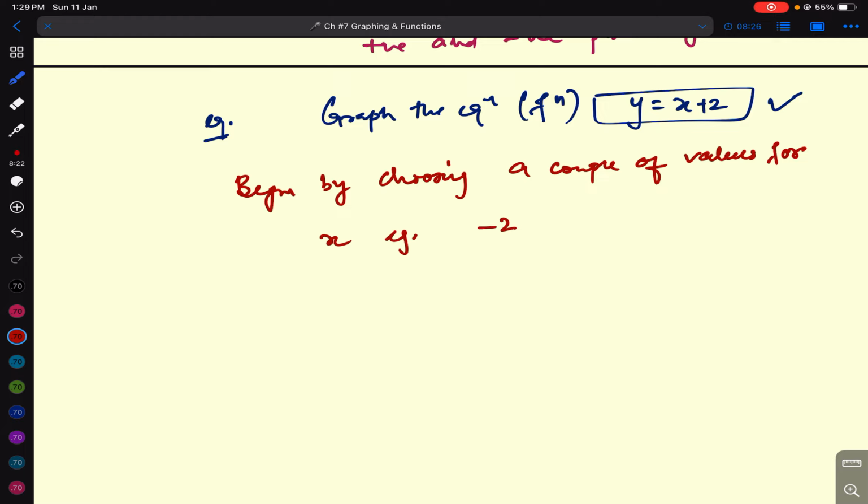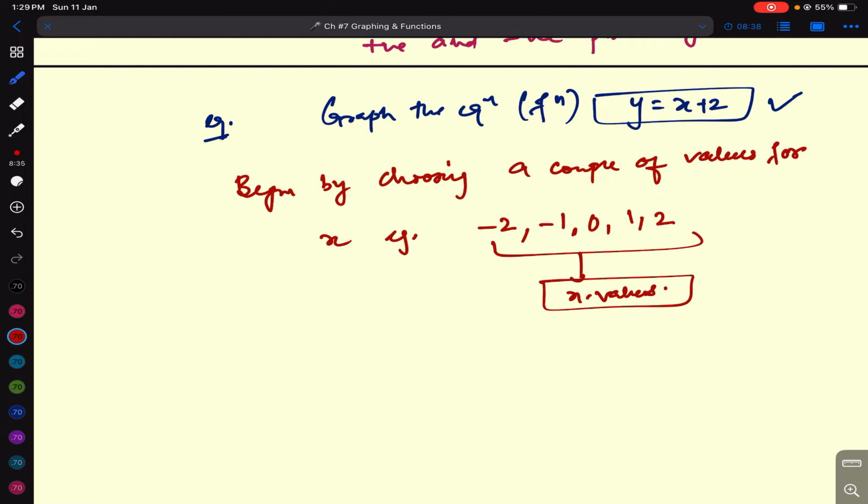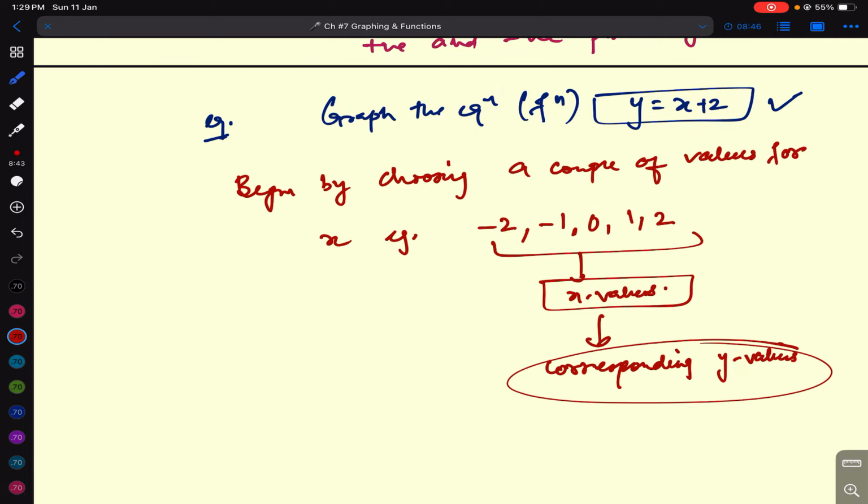I'm choosing -2, -1, 0, 1 and 2, so I'm maintaining the symmetry here. These are your x values. We'll be finding their corresponding y values. Why are we finding both? So that when we put these two together, we can have an ordered pair.